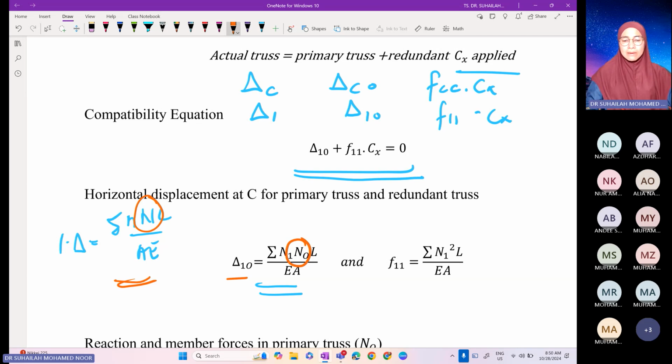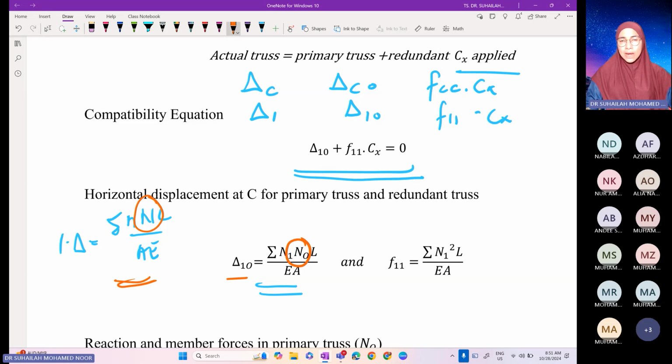So ada satu lagi N. Kalau yang dulu pakai N kecil represent virtual system. Virtual system is a truss system subjected to a unit virtual load. Sama juga. Now we have N1. N1 is for the redundant truss. The system is determinate truss subjected to a unit value of redundant.